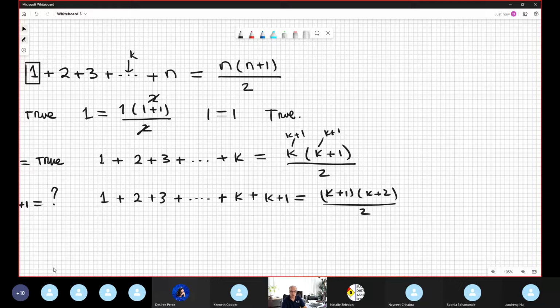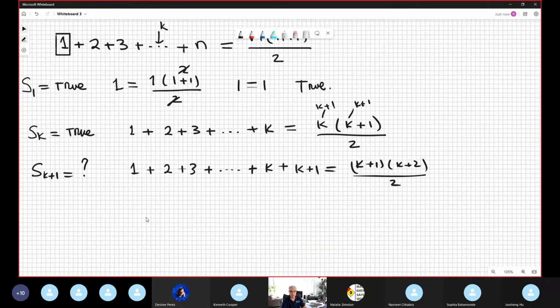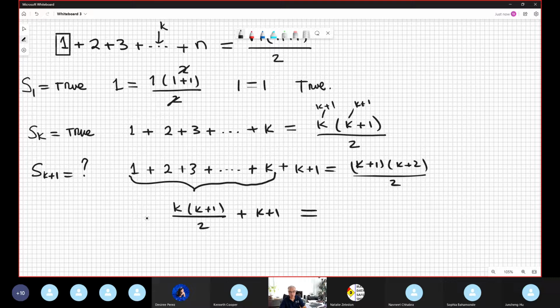Okay. Almost. I finish. But remember the assumption was okay, that part is equal to this. k times k plus 1 over 2 plus k plus 1 should be equal. I prove somehow using algebra, okay, this is the identity. This is the same or no? I don't know.